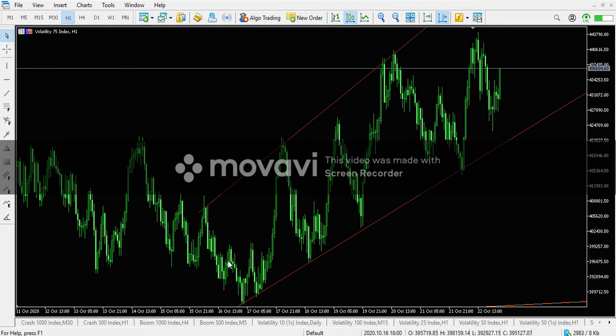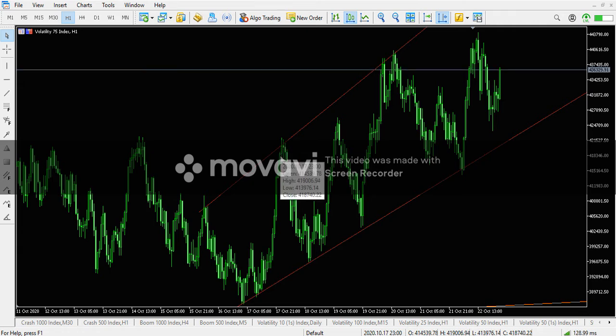Then it went down, touched here and formed a double bottom, and then went back up. When it reached here, you can see a reversal pattern. This candlestick showed us a reversal pattern.